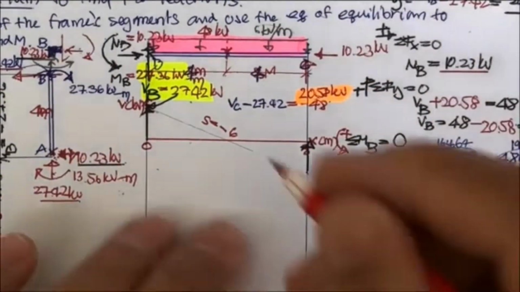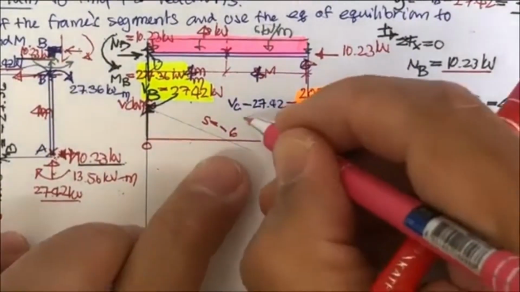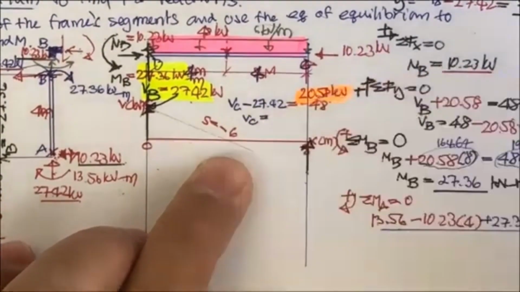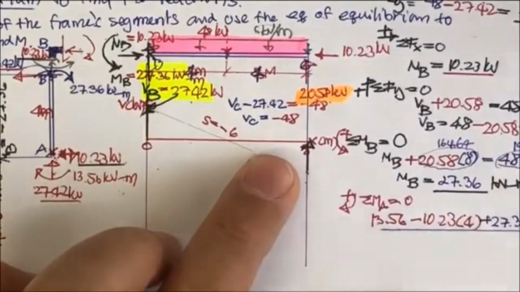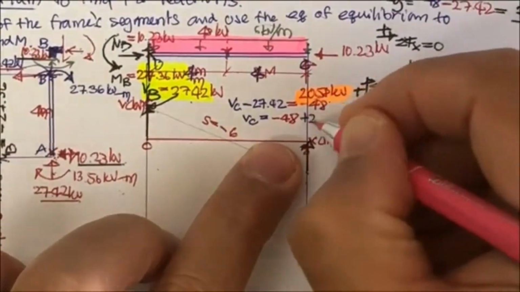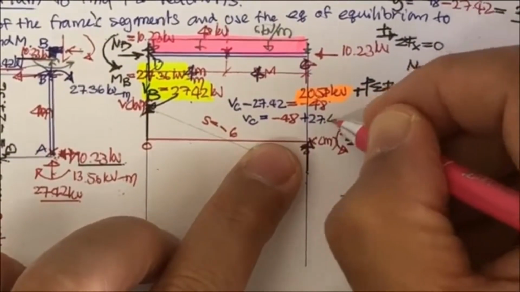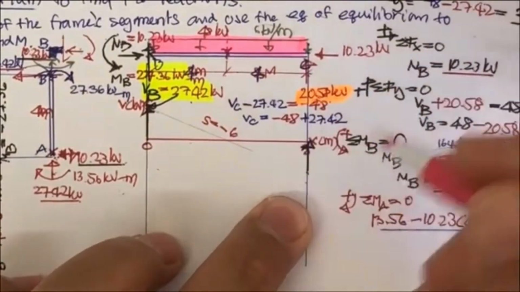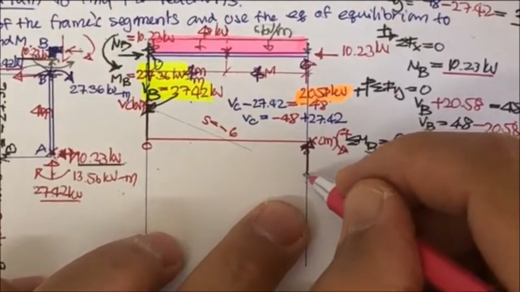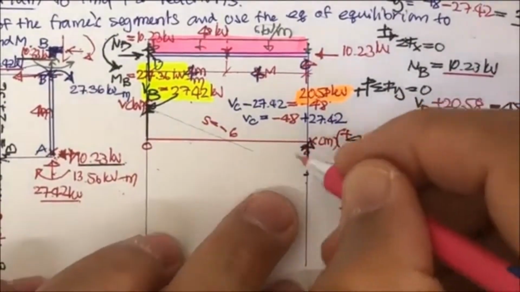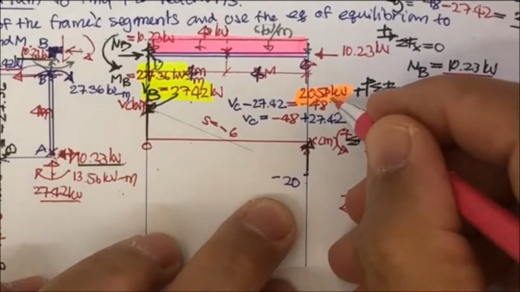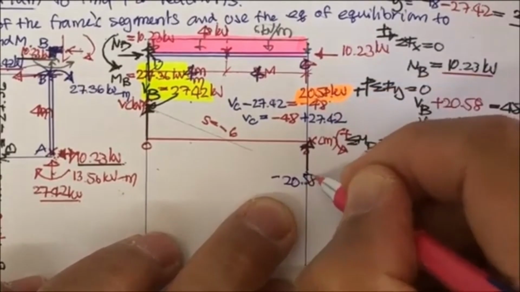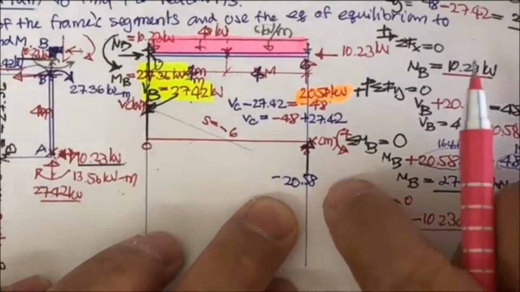So we can compute V sub C is equal to minus 48, and then you move this one plus 27.42. So you get your V sub C here of minus 28.58, and then kilonewton.